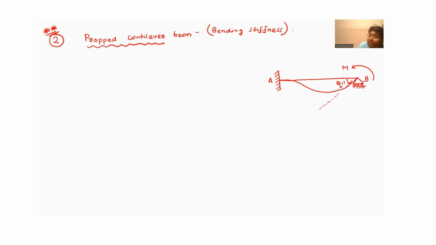For that displacement to be 1, what should be the force required? So your main objective is to determine M such that theta B is equal to 1. Now, tell me how to determine that. What can be done?